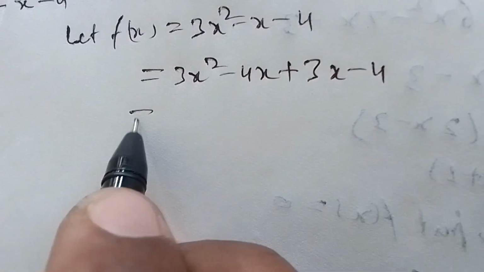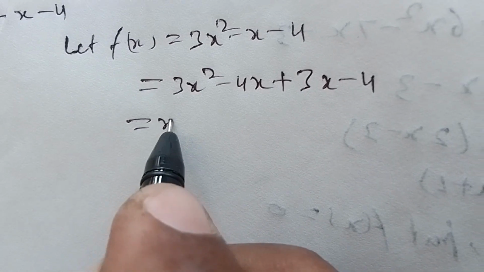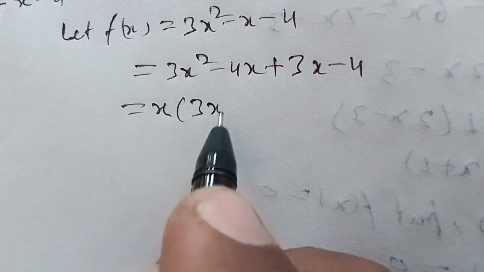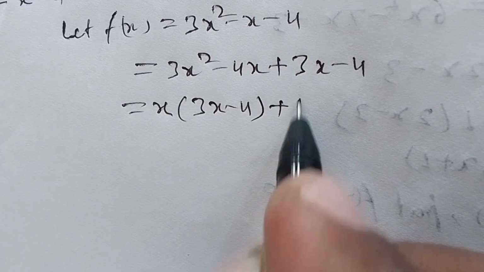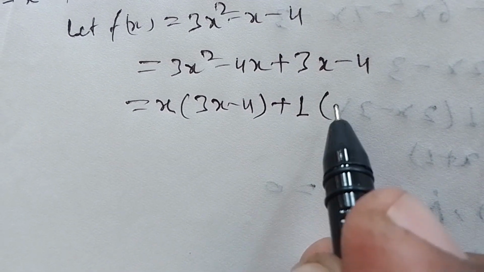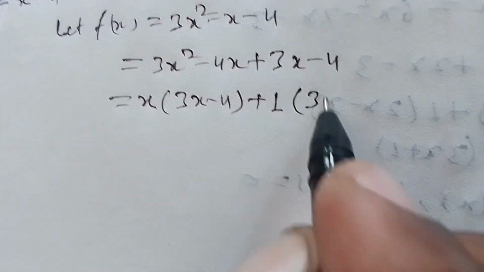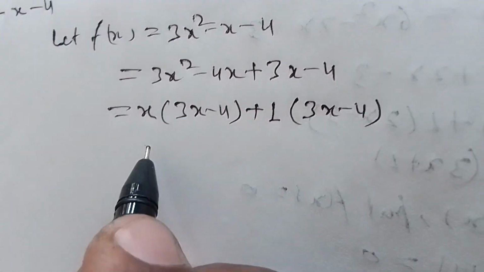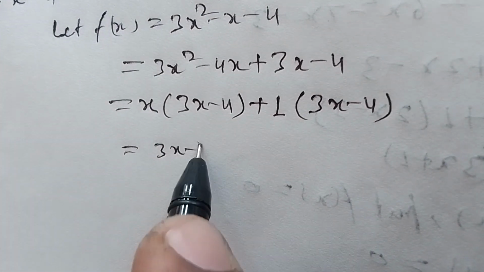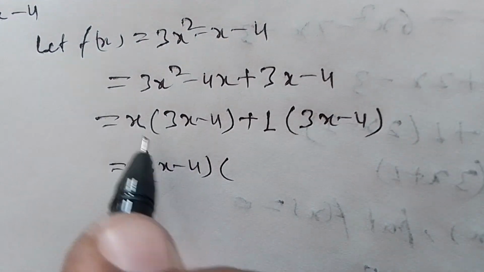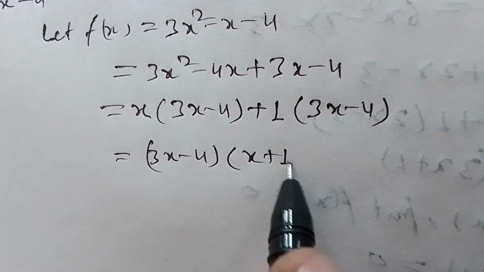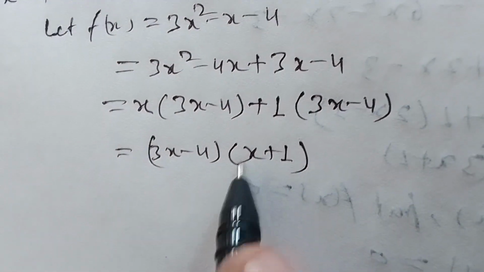So taking x common, it becomes x(3x minus 4) from the first two terms, then taking plus 1 common from the second two terms, it comes out to be the same. So we can write (3x minus 4) as one term, and (x plus 1) as the second term.